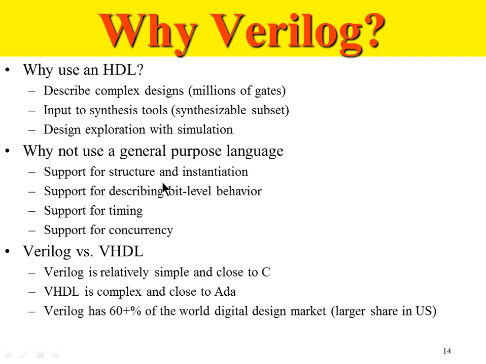A support for structure and instantiation of designs. We'll see what this means later on. Bit level behavior. C language, or embedded C specifically, has evolved to an extent where we can control things at a bit level also. Bit level behavior means, let's say there are 8 bits on the output bus, and those 8 bits are individually connected to 8 different LEDs.